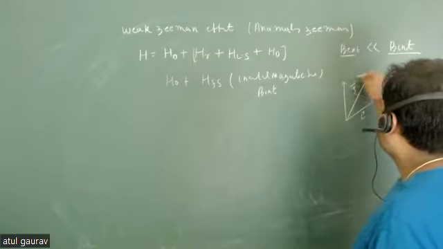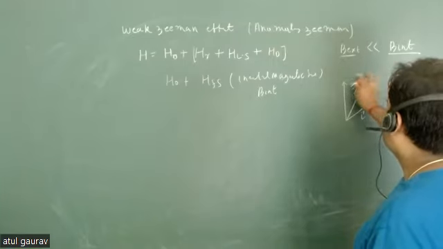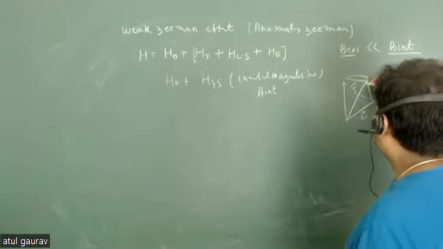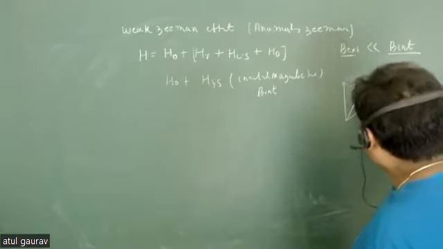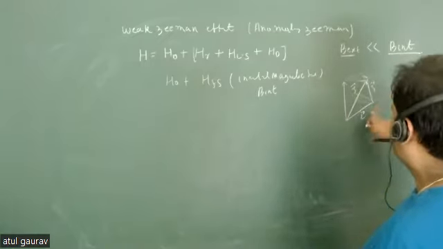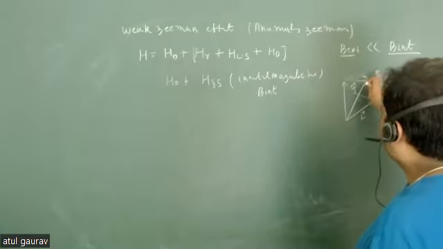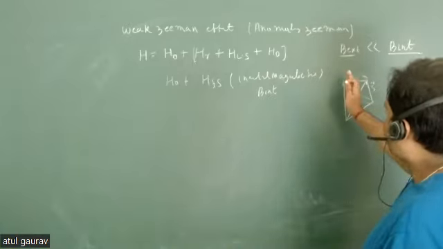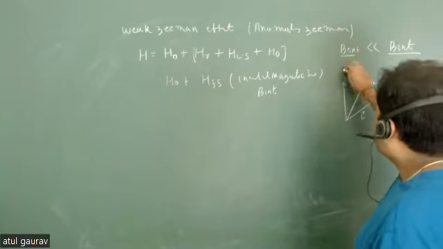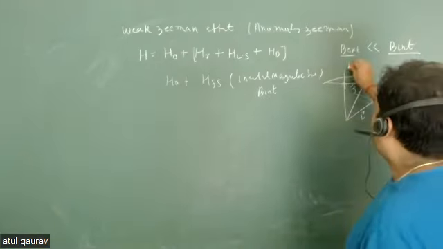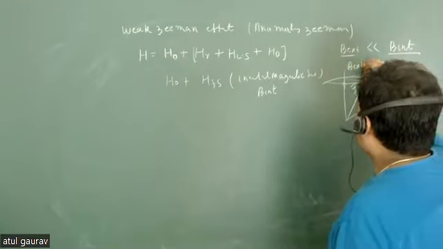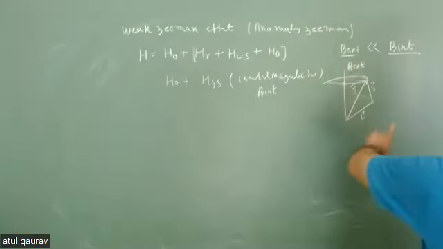You can just assume that L and S can precess about J vector. But when you give the external magnetic field, the whole J vector is going to precess about your magnetic field. This is your B external.